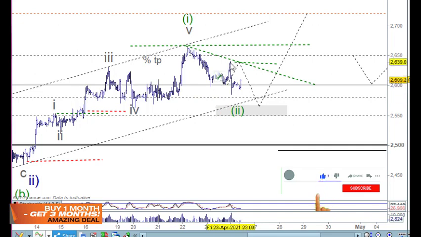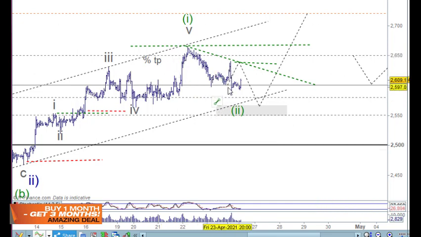So the wave C here so far is a little bit short really compared to wave A here. So we may end up further down here just yet. So we're not ready. You could get away with it, but yeah, the safe trade is taking this top out here, that second high here.